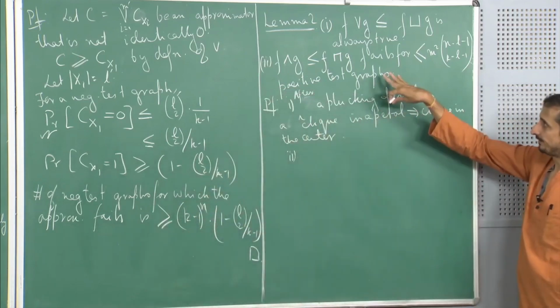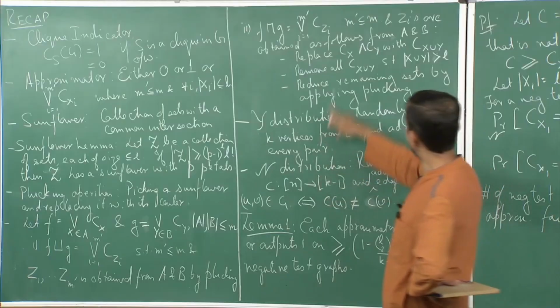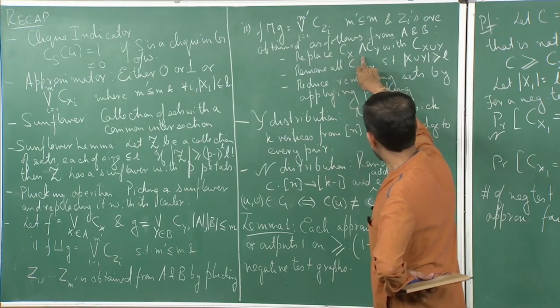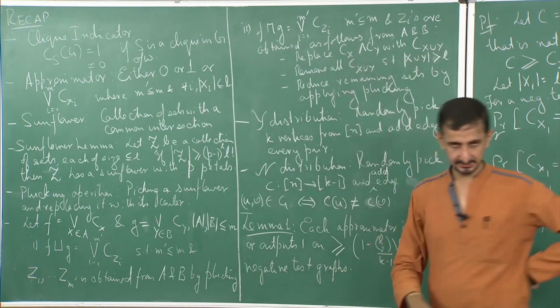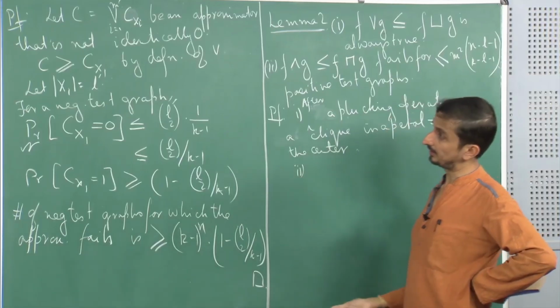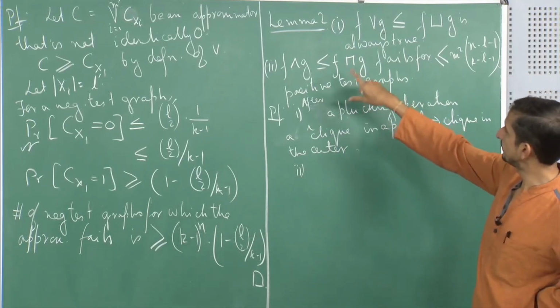Now let's move to the AND. What do we do for the AND? First of all, we replace Cx and Cy with C of x union y. Once again, when will this fail?